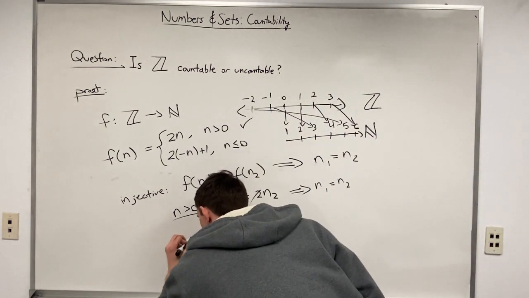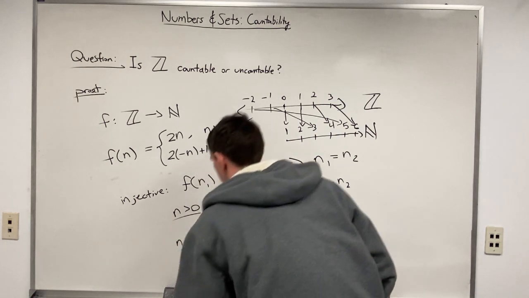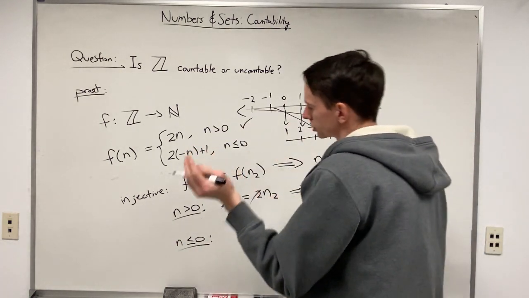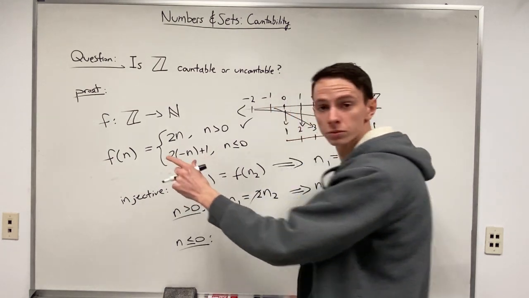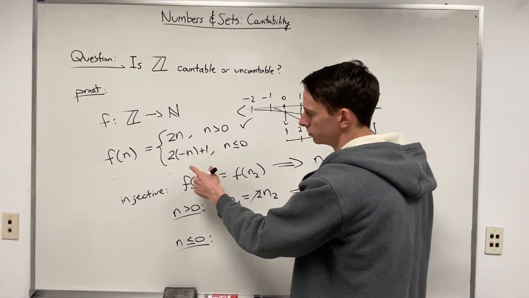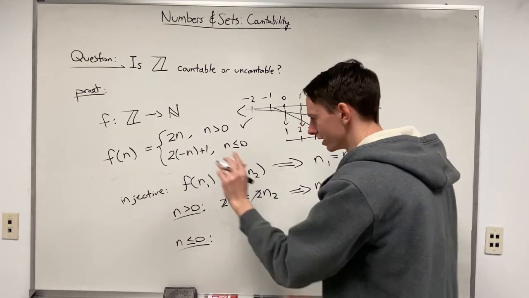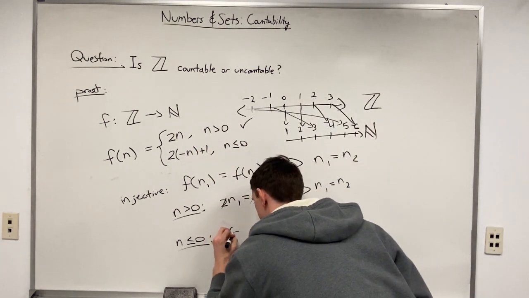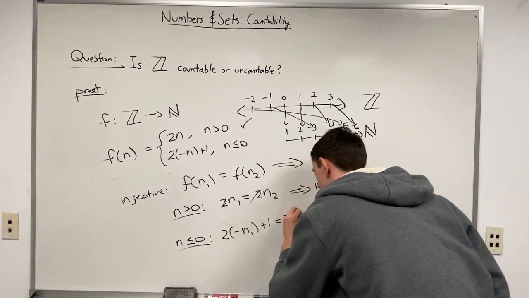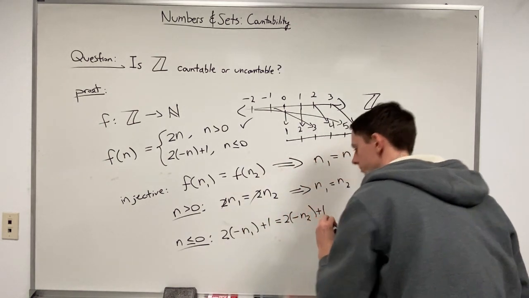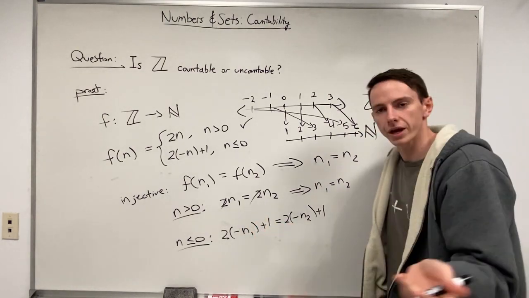Then let's just take the bottom case, n is less than or equal to 0. Same thing, we can go through this process where we first set this equal to itself, where we have n1 and n2. So in other words, we have 2 of negative n1 plus 1 equals 2 of negative n2 plus 1. Then we can go through the algebra, of course.